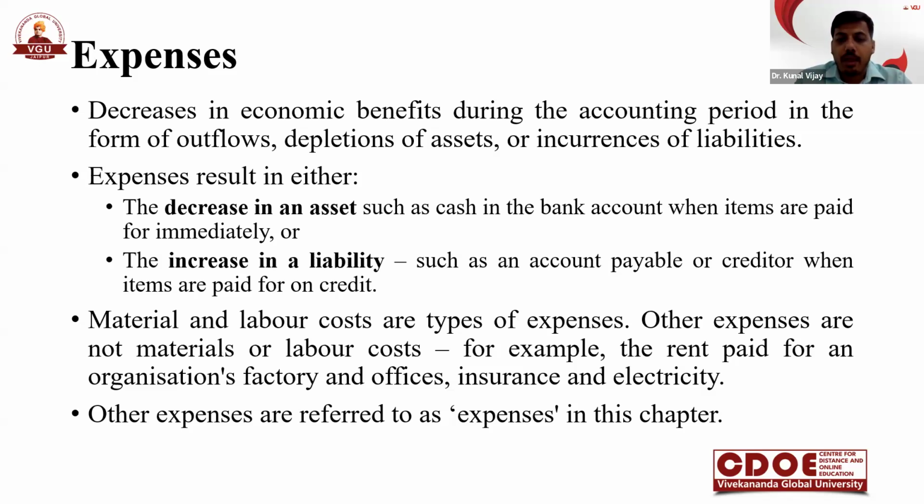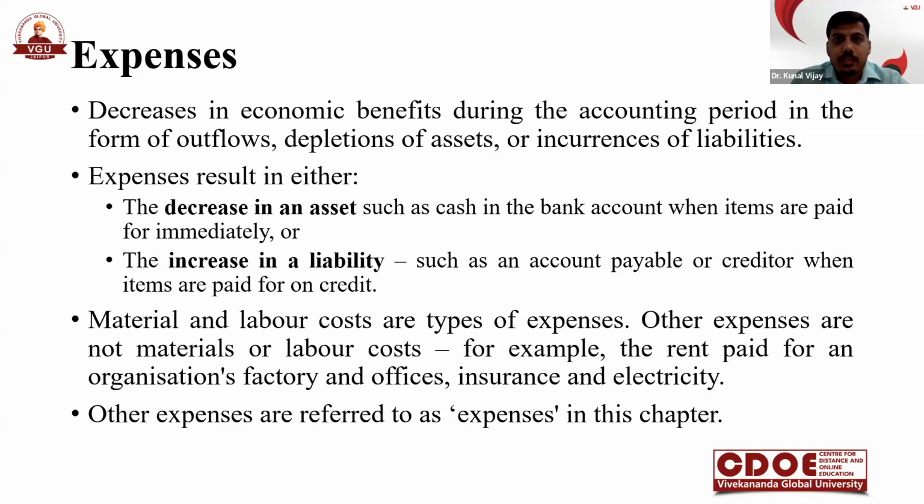Decrease in economic benefit. So we are losing our asset. We are paying cash, we are paying bank amount, or we are increasing our liability if we are purchasing something on credit. In the form of outflows: we are paying an amount, that is outflow.